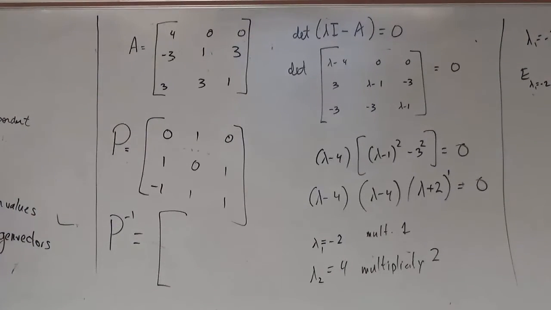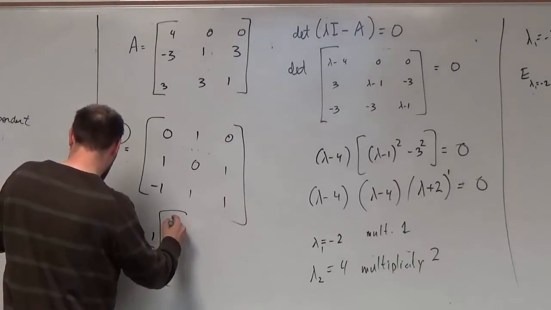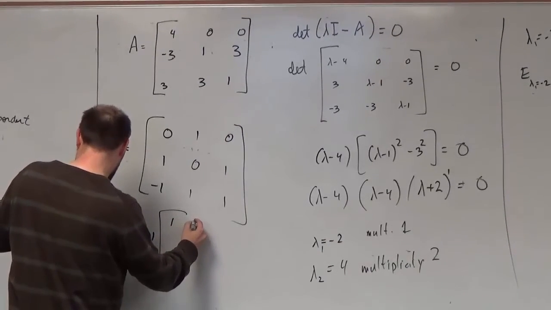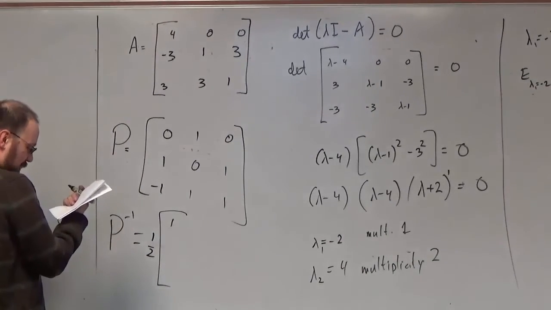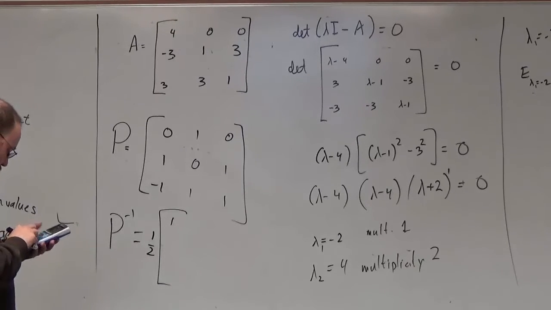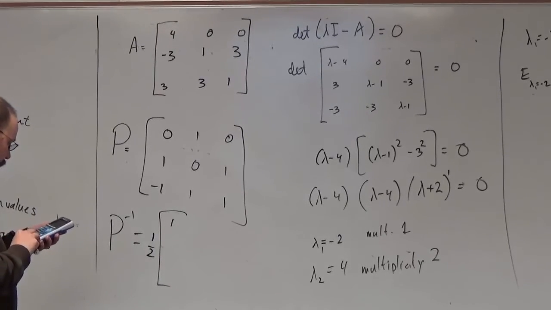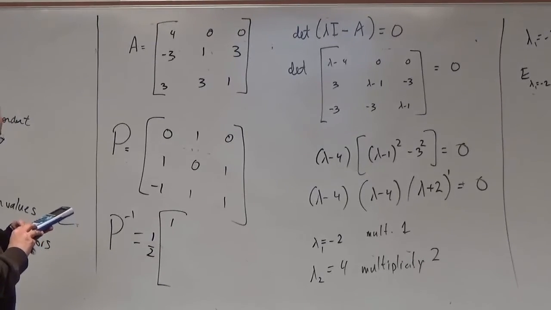I believe P inverse is 1/2 times... I wrote the order of the eigenvectors differently in that example. So I get it reduced by calculator, or inverted by calculator.